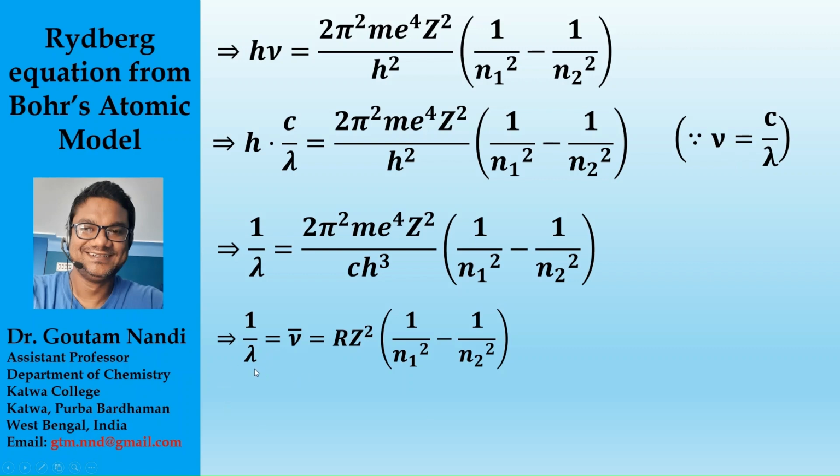Anyway, then 1/λ = ν̄ = RZ²(1/n1² − 1/n2²), meaning we have replaced the 2π²me⁴/ch³ term with R, and this R is known as the Rydberg constant.